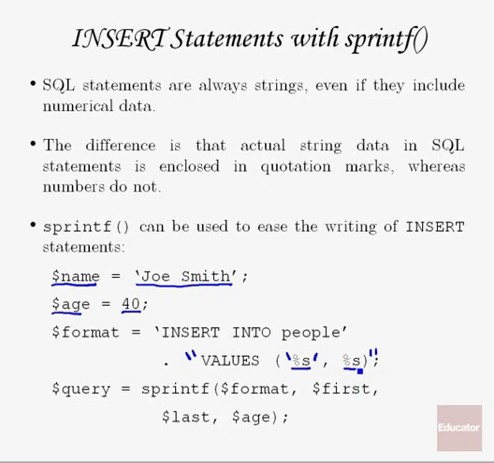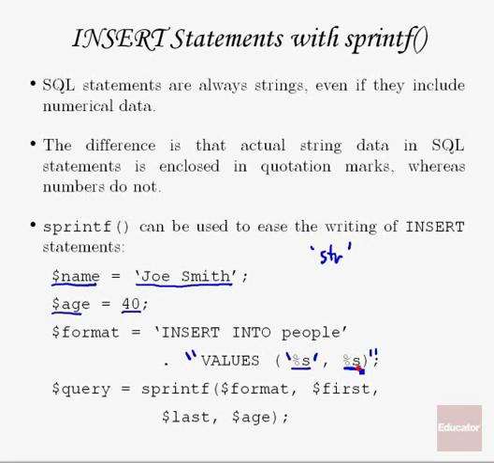One thing to note is that SQL statements are always just strings. When we have an SQL insert statement, it's just a string of characters. And now it may contain string data, it may contain number data. The way we denote string data is by putting it within quotation marks. But essentially, when you create a SQL statement, it's all going to be a string.